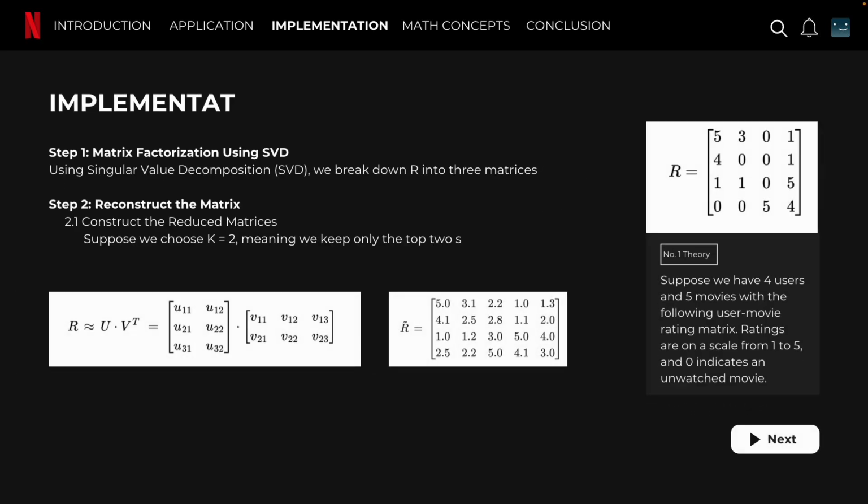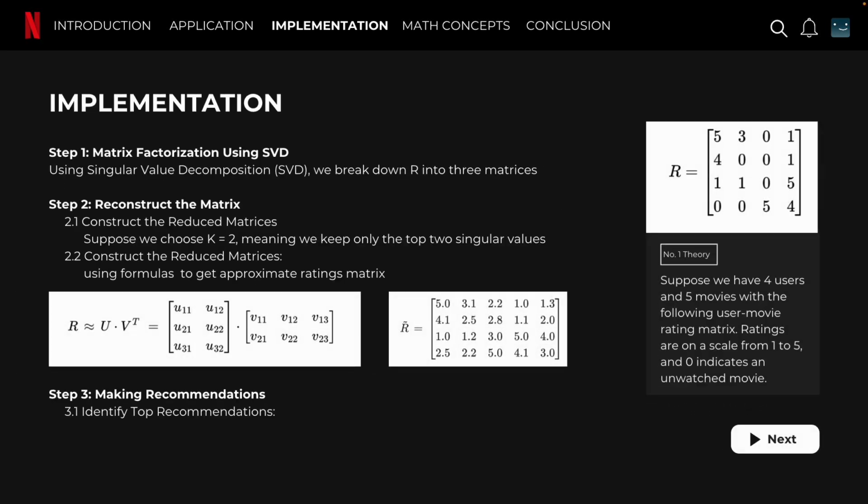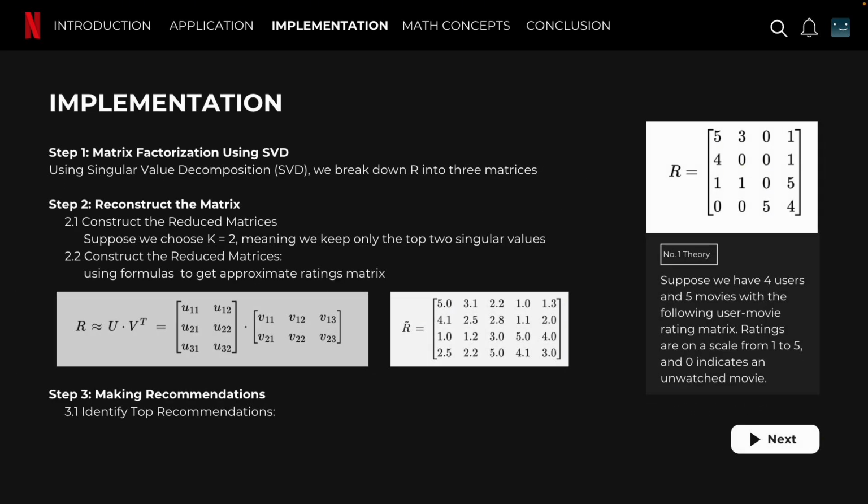About implementation, step 1, matrix factorization using SVD, singular value decomposition. We break down the rating matrix into three matrices: U, sigma, and VT. Step 2 is to reconstruct the matrix. First is to construct the reduced matrix.